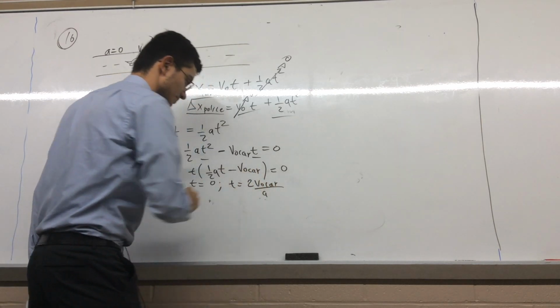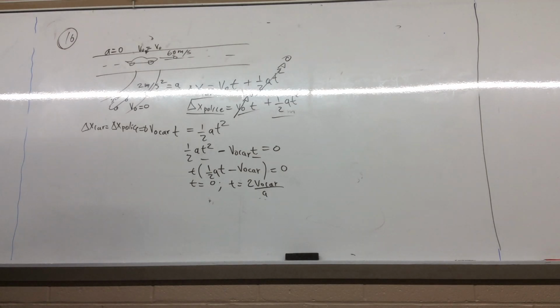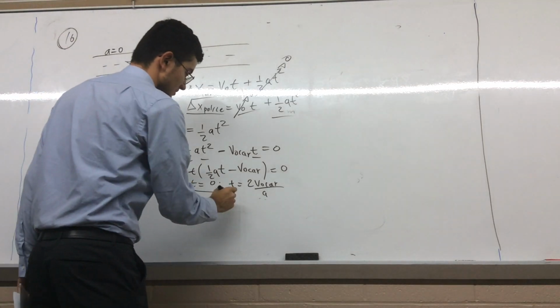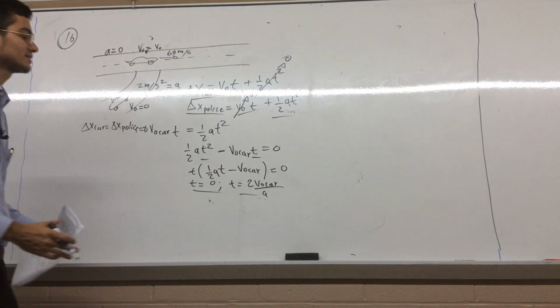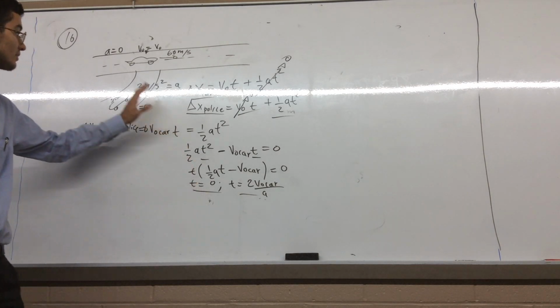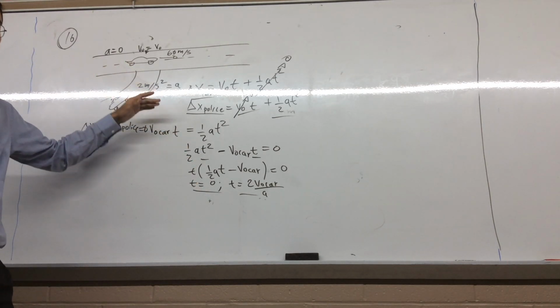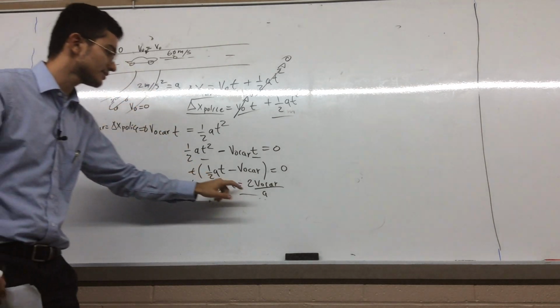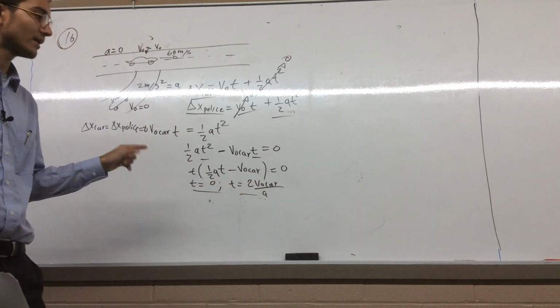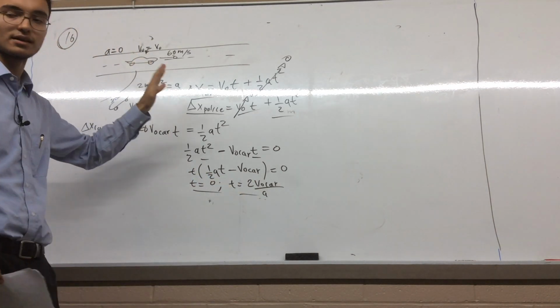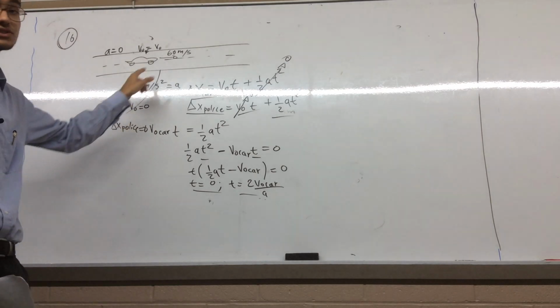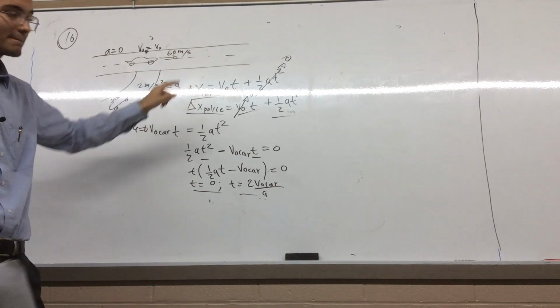Does it make sense? These are the two times when their position is the same. At t equals 0, the speeding car passes the police. And at t equals 2 V0 car over a is when the police catches up with the speeding car.